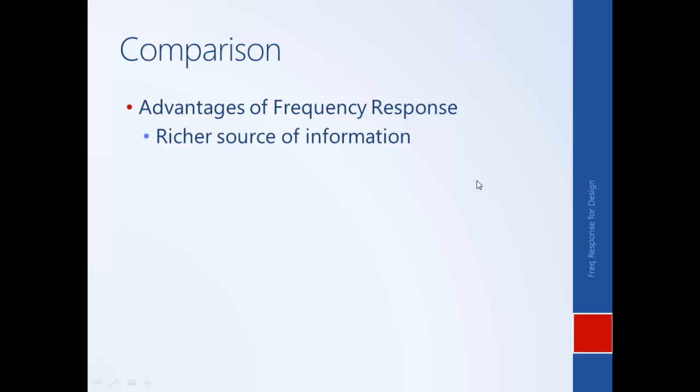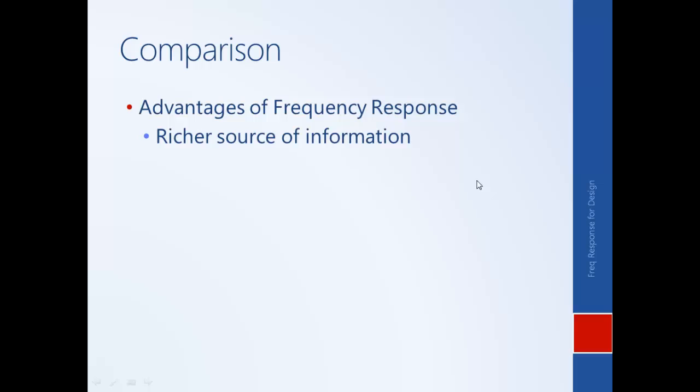At this point, I'd now like to compare our frequency response approach to analysis and design to the previous types of analysis and design we've been employing, in particular time response analysis and the use of pole placement controller design, or the root locus for placing the closed loop poles. And so an advantage of this frequency response approach is, one, that it's a richer source of information than, say, a system step response.